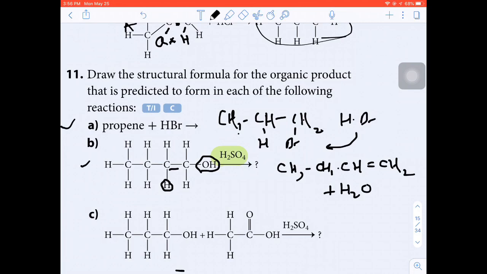This one here, I'm seeing my carboxylic acid and my alcohol. So I'm going to again remove the OH from the carboxylic acid, remove this with the hydrogen from here to form water. And I'm also going to have my ester formed using the CH3, C double bond O on the left.